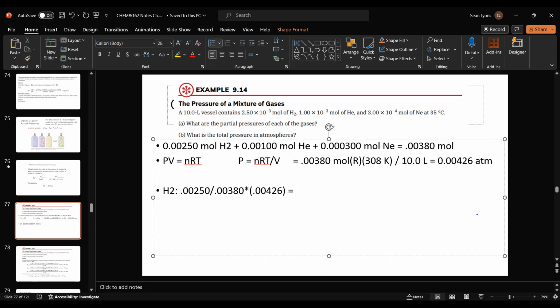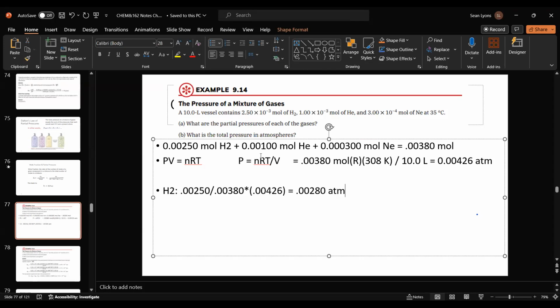So it should be a relatively large portion of that total pressure, since this is about 2/3 of the moles. With 0.00426, it should get 0.00280.